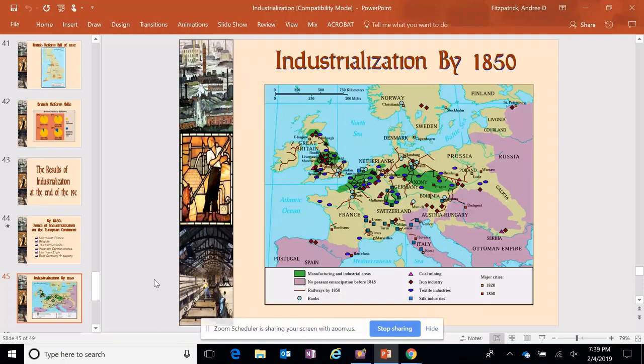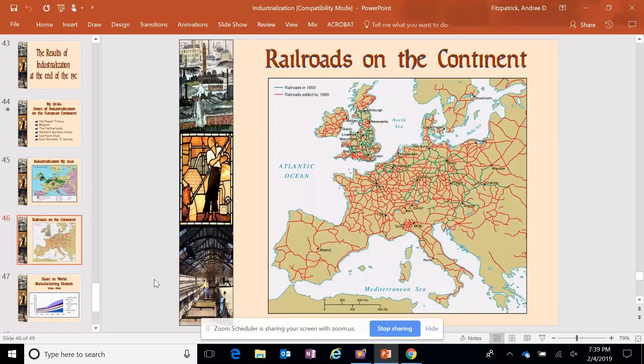Along with that transition is the rapid construction of railroads. Continental Europe does not have the same benefit in terms of access to water systems as England does, but they do have a great ability to develop railroads, and so the key source of transportation in continental Europe will be railroads.